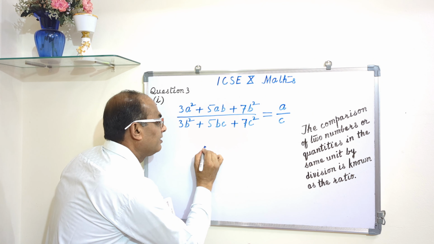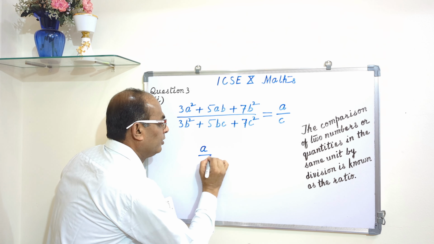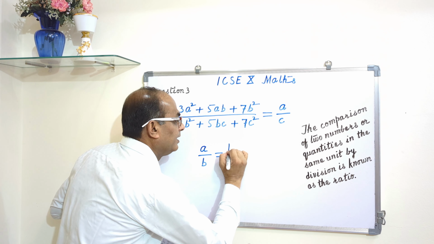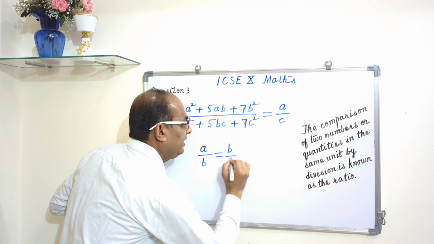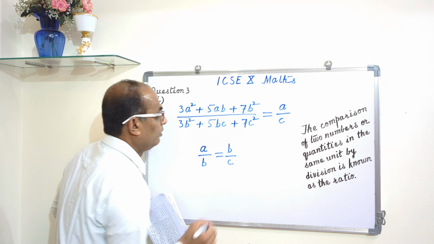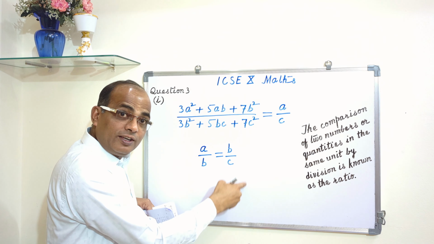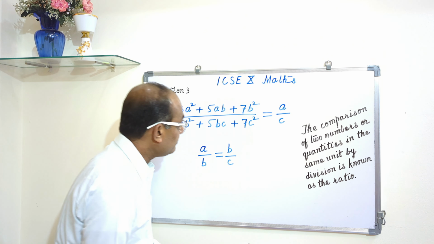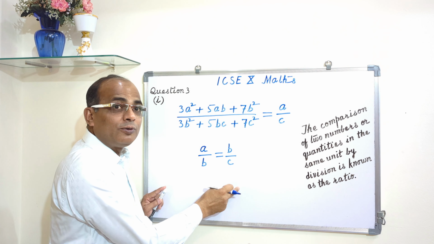So that means A upon B is equal to B upon C. Look here, there it was A upon B equal to C upon D. Here it is A upon B is equal to B upon C.